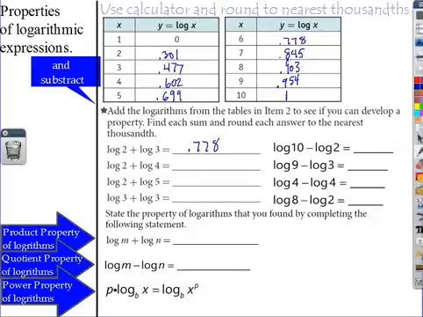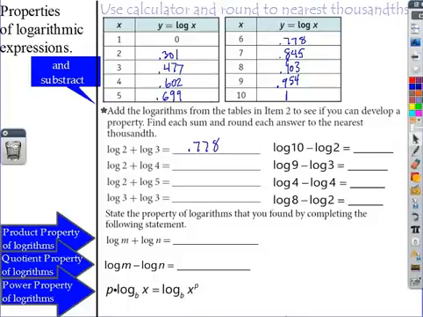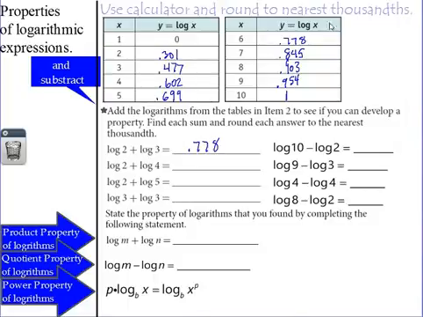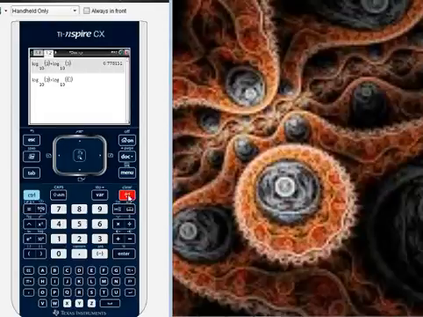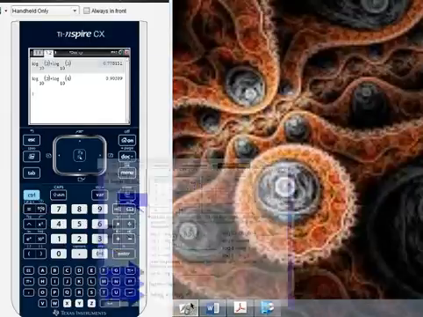Log 2 plus log 4 is next. Okay, so log of 2, I'm just going to go back up here and plus log of 4. So I just need to change that to a 4. That's 0.903.